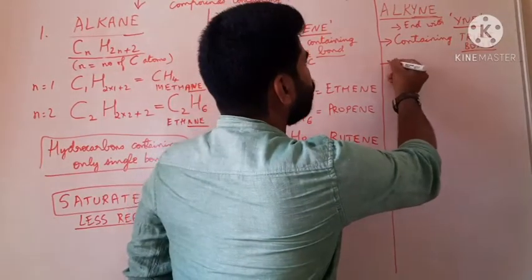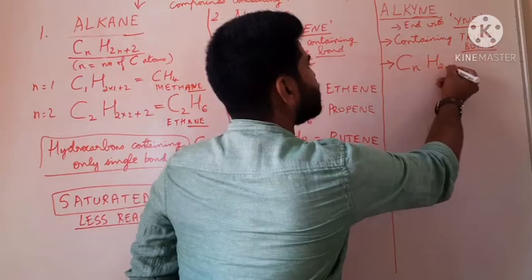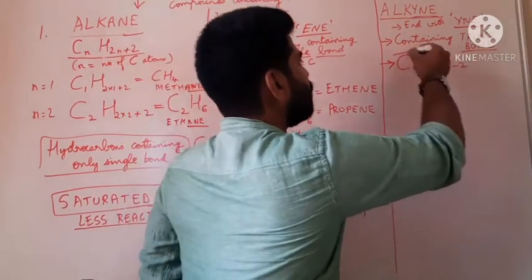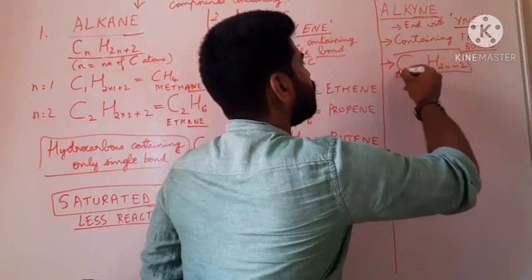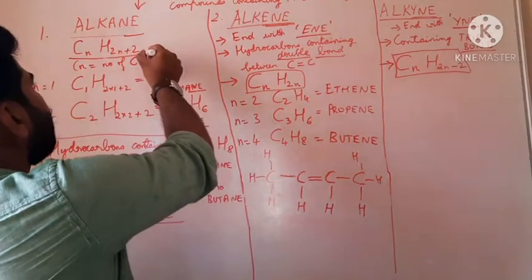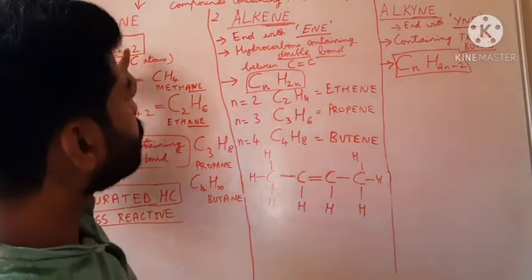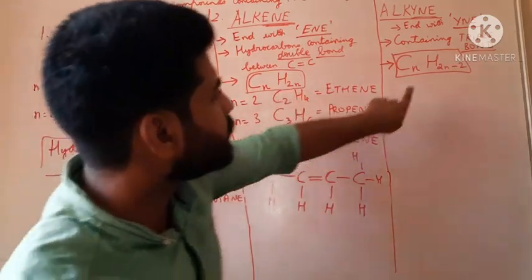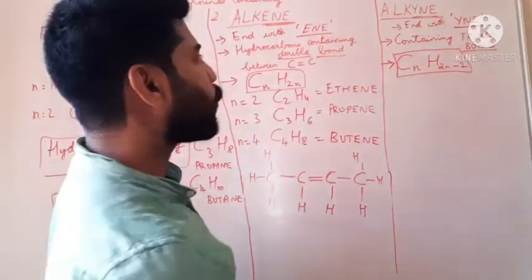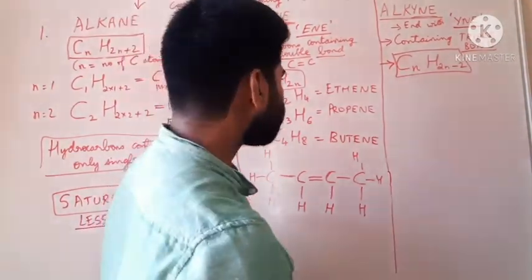And the general formula of alkynes is CnH2n minus 2. So in this case, alkanes are CnH2n plus 2, alkenes CnH2n, alkynes CnH2n minus 2. Let us quickly write down the structures possible.